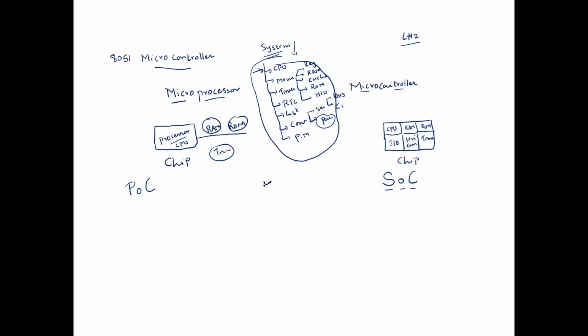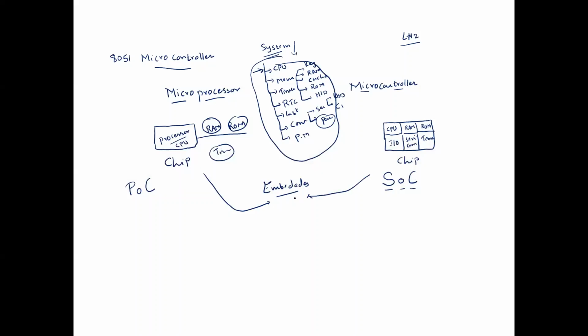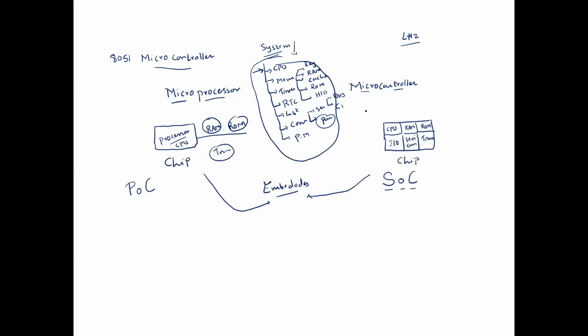If you talk about embedded systems, an embedded system makes use of either a microprocessor or a microcontroller. It is not mandatory that an embedded system always contains a microcontroller. An embedded system can have a microprocessor, and we can connect the other system resources outside the chip and make the embedded system that way. But why do we prefer a microcontroller?